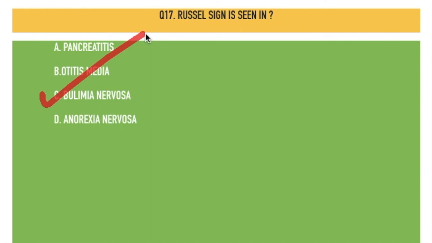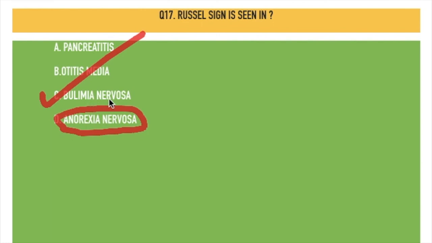What is the difference between bulimia nervosa and anorexia nervosa? In anorexia nervosa, the affected person will not eat because he thinks that he is overweight. But in bulimia nervosa, the patient used to binge eat, and after that he may get anxiety and try to vomit.